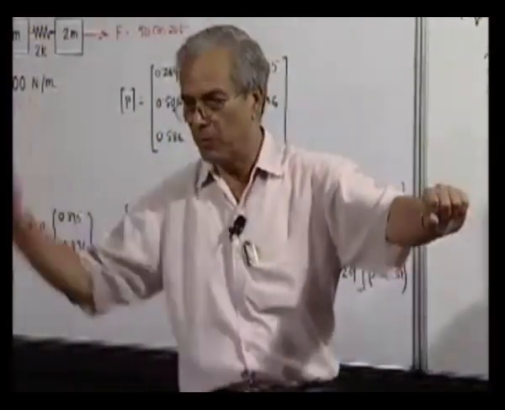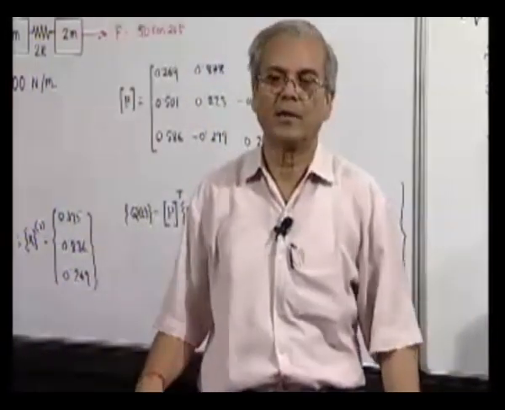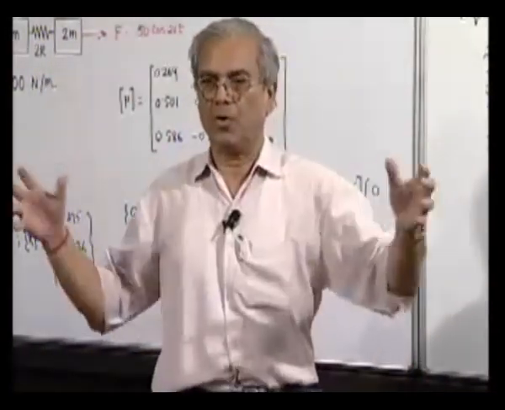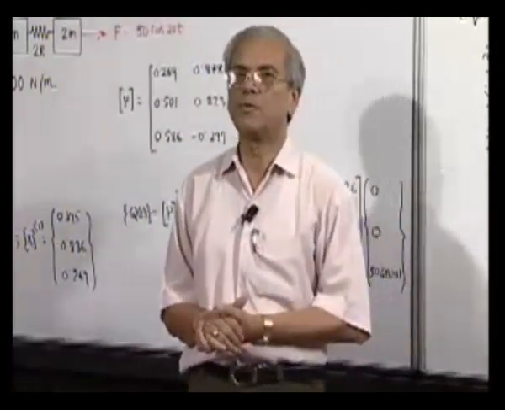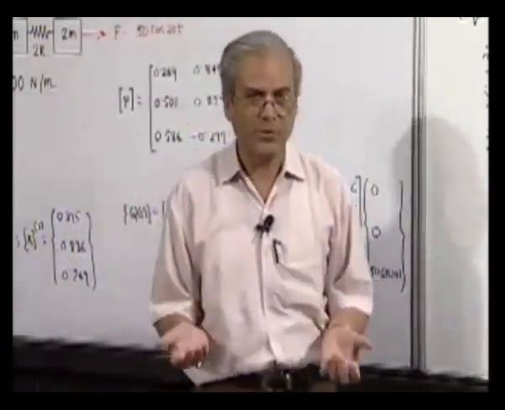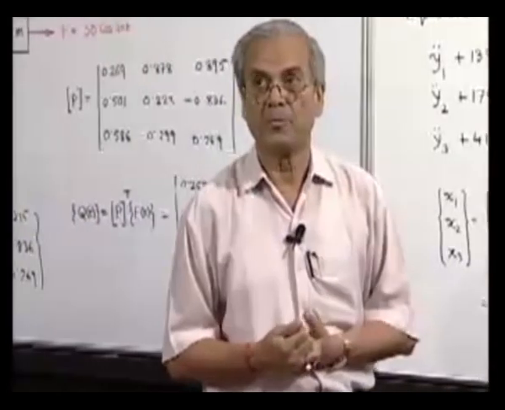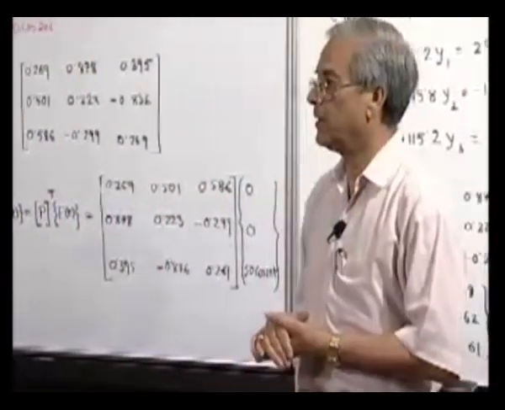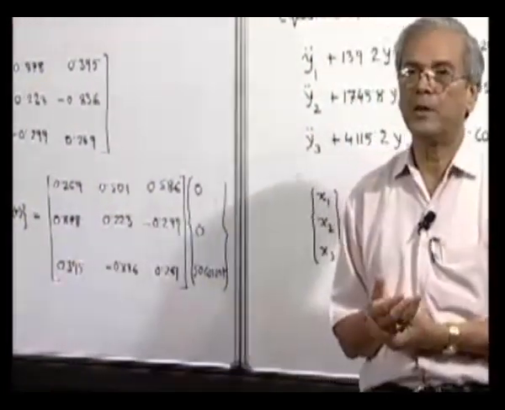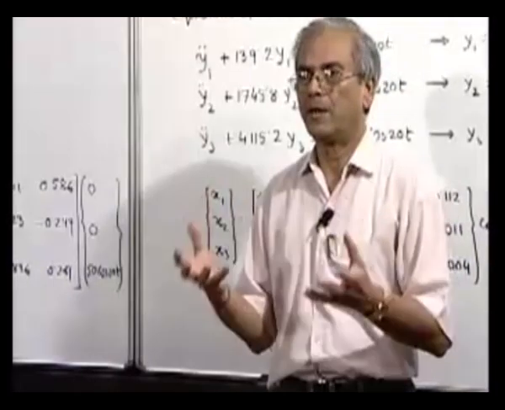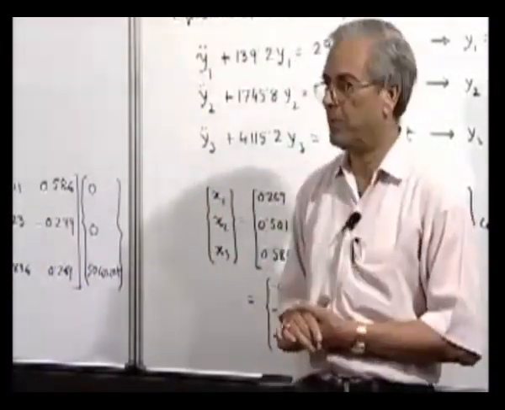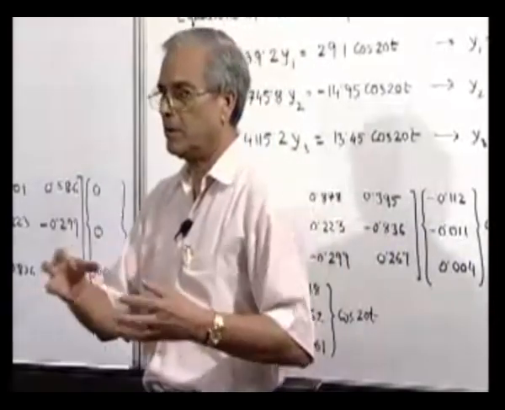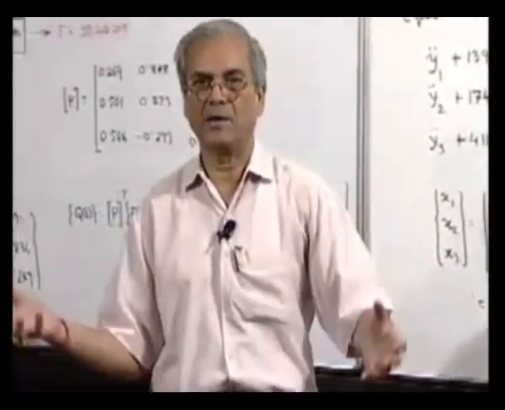A cantilever beam, if we hit, it will vibrate, we know that, or a bar or a shaft in torsional mode. The actual systems are composed of such elements, and therefore our next attempt should be how to handle cases where the system is not lumped as we have been doing so far, but is treated as it is.